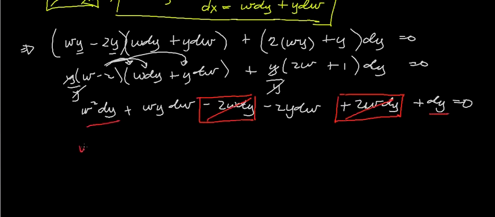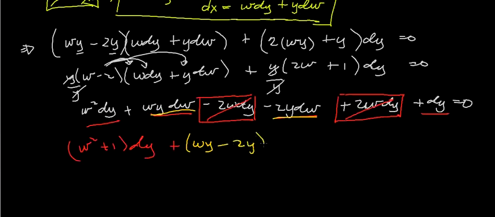So we have (w squared + 1) dy, as well as (wy - 2y) dw is equal to 0.